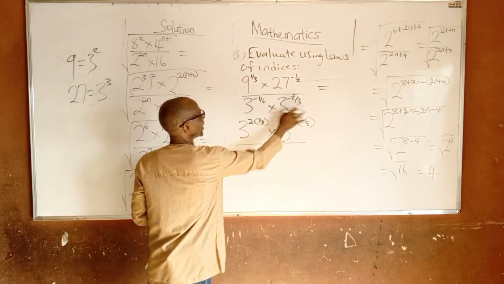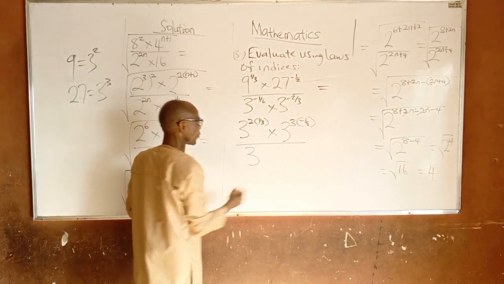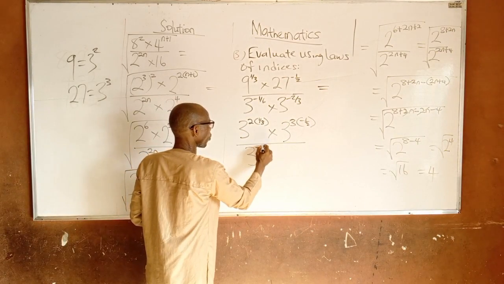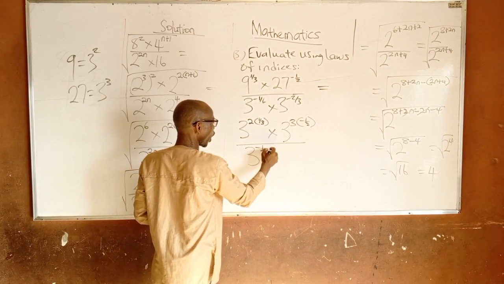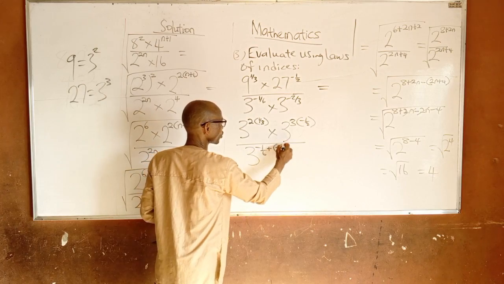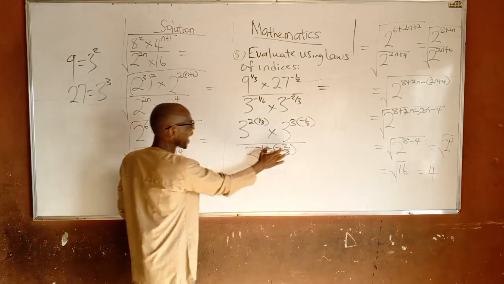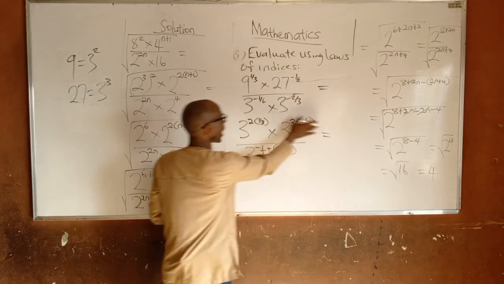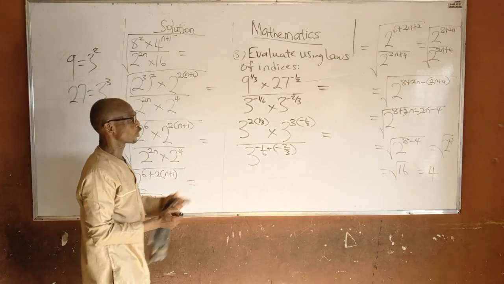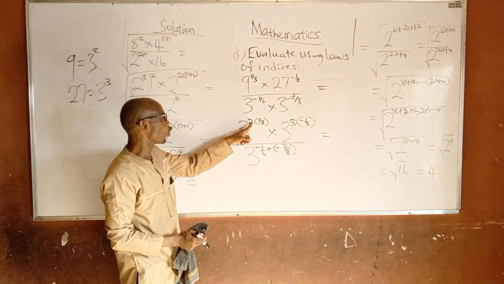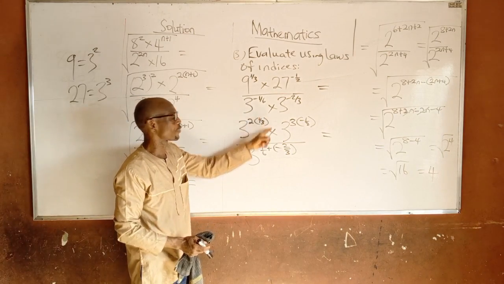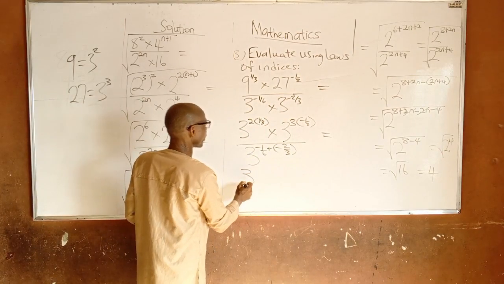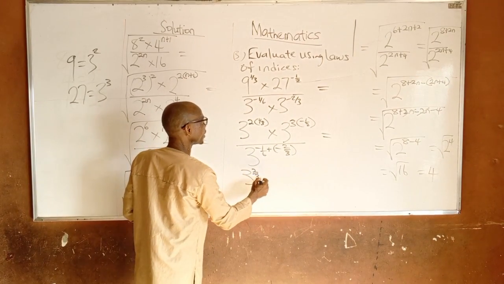Following the law of indices, what do we have here? 3 here will give us minus 1 over 6 plus minus 2 over 3. We are adding because they are multiplying themselves there. The same thing will be done for the values on top. This is 2 times 1 over 3, so this gives us 3 raised to power 2 over 3.